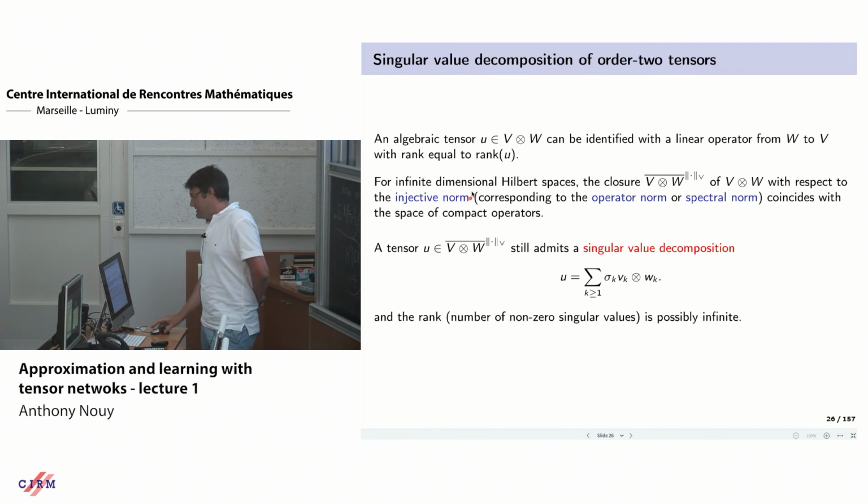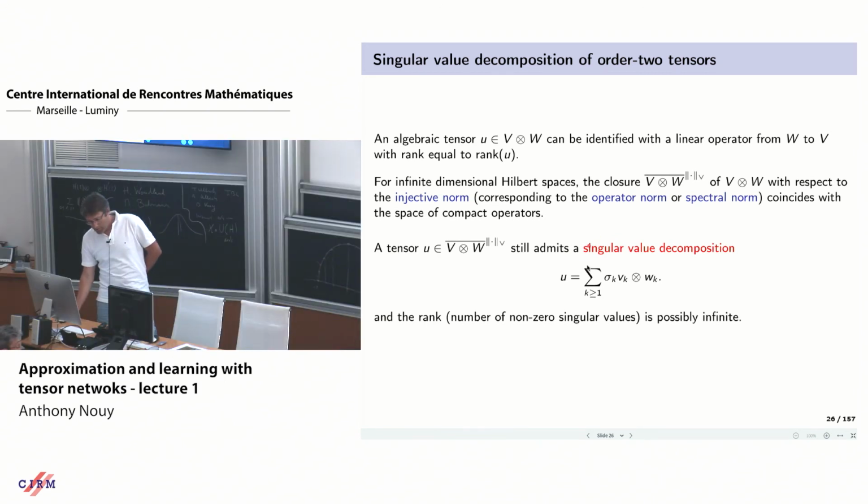So this is another term that you find in the literature on tensors, injective norm. Then the completion that you have here coincides with the space of compact operators when you identify a tensor with an operator. And these compact operators admit also a singular value decomposition. So in this infinite dimensional setting, you will have a decomposition also under this form, but now possibly infinitely many singular values that are non-zero. Okay?